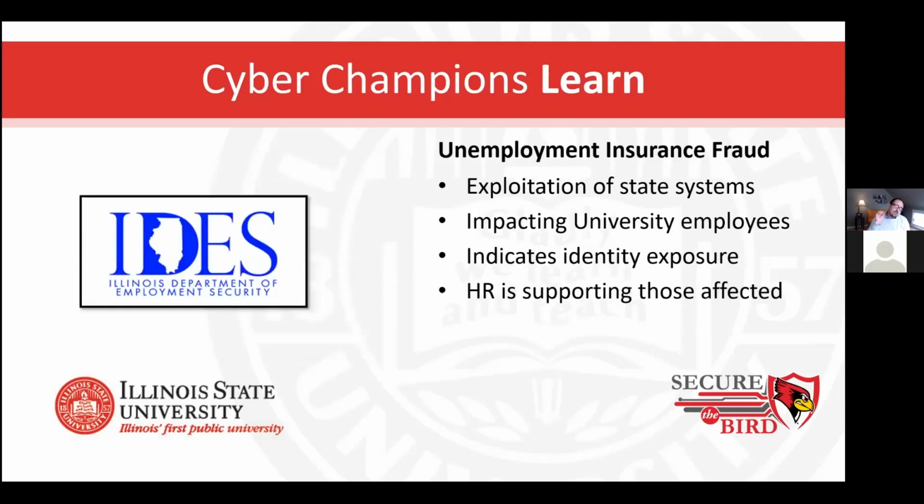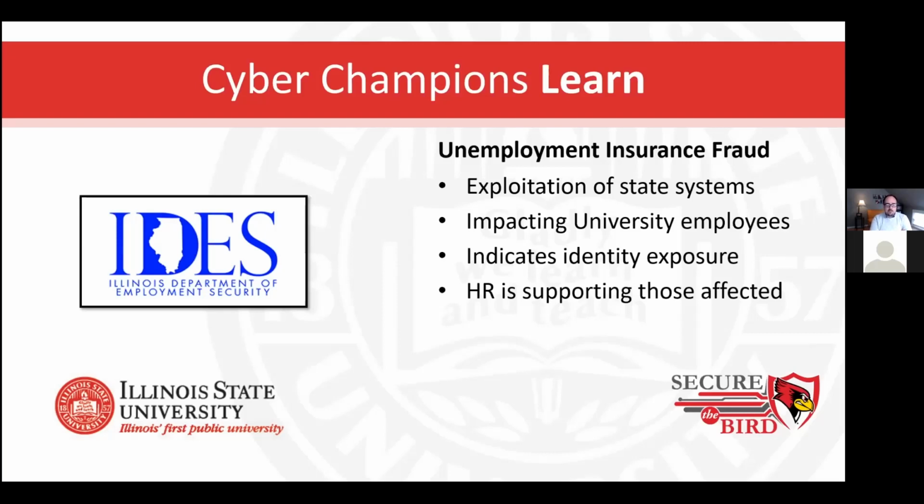Another one, this is very unique to Illinois and something we're seeing with university employees, but if you're just an employee in the university and maybe not in Illinois, this could affect you all the same. I just want to raise awareness of it. So what's happening is threat actors are exploiting the state system for requesting unemployment insurance.